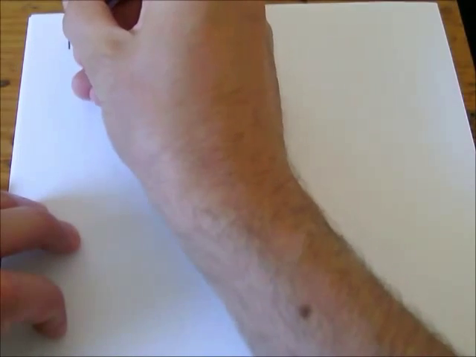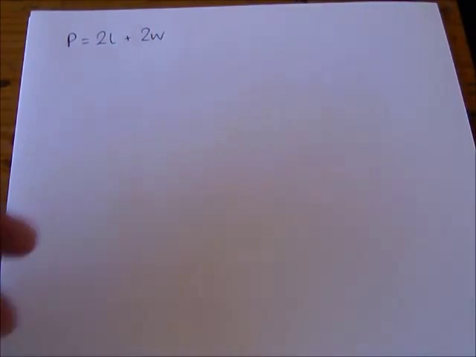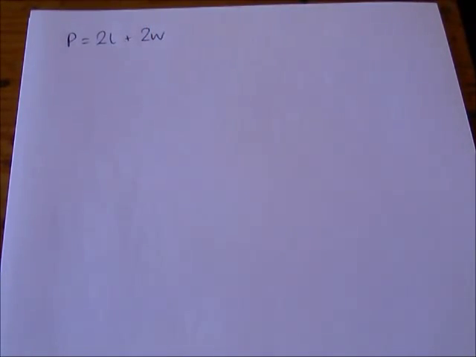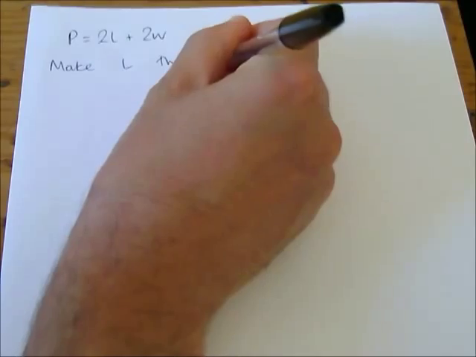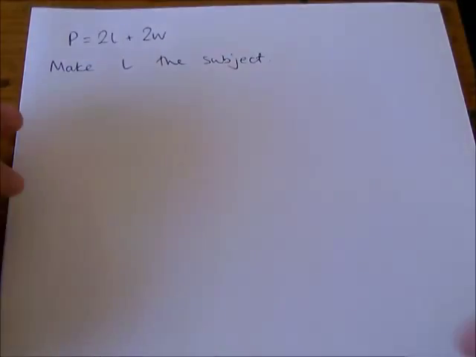Right, now here is one where trying to use a number machine method or a flow diagram method won't work. So we're going to have to balance this one. The question says make L the subject. So what do we have to do?